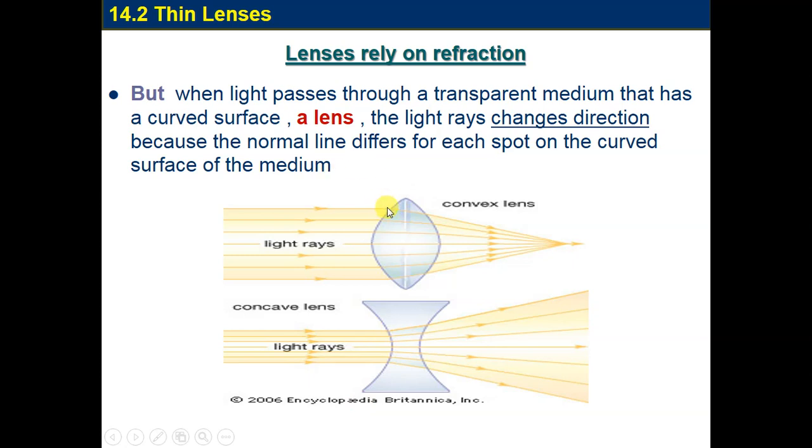So it depends on the point where the light hits the surface, and since here the surface is curved, for sure the normal will differ from one point to another. So therefore the emergent rays, the rays that exit the glass, will not be parallel to the incident rays.